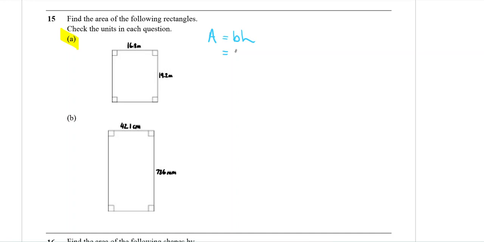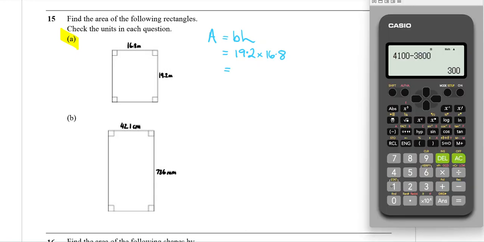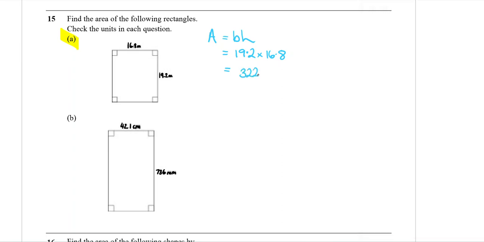Okay, so I'll be timesing 19.2 times 16.8, and then we do it in our calculator, and we get 322.56. When it's area, these need to be millimeters squared. Okay, so B is also a rectangle, so you use the same formula and the same 3 lines of working out.